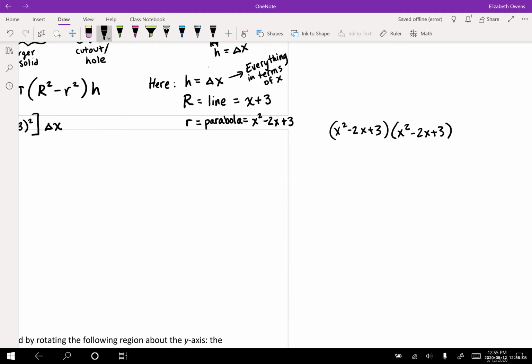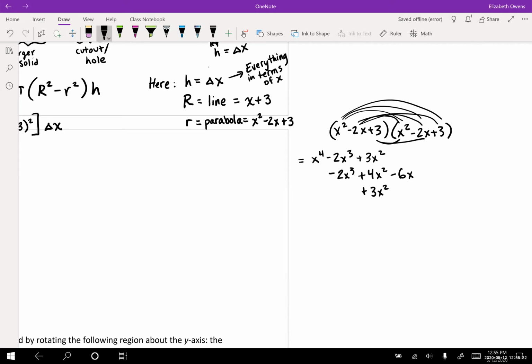It's not super fun. So you go minus 2x cubed plus 3x squared, and then you do the same type of thing, getting some common terms. Plus 4x squared, and then minus 6x. Good times. We do it again.